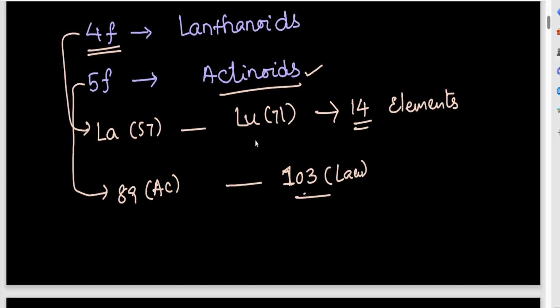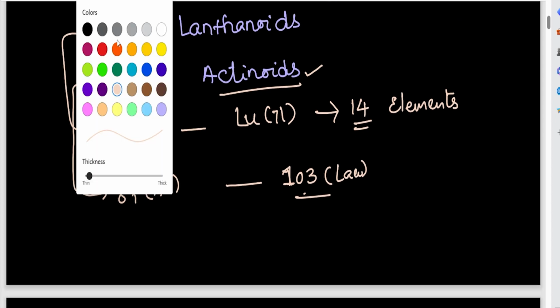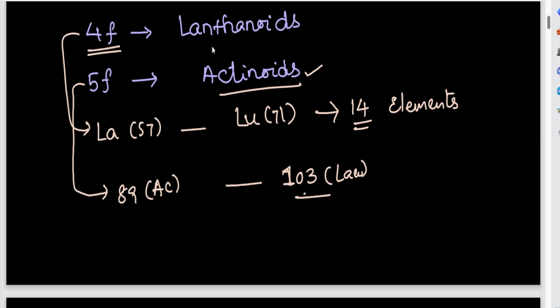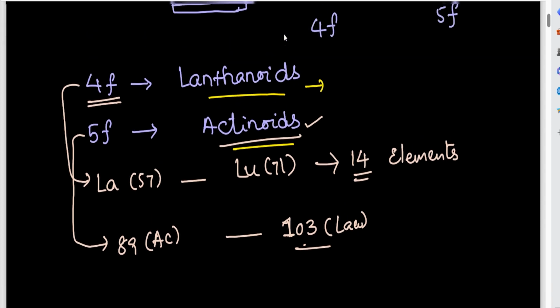And the general electronic configuration for lanthanoids and actinoids. For the lanthanoids, the general electronic configuration is 4f1 to 14, 5d0 to 4 and 6s2.